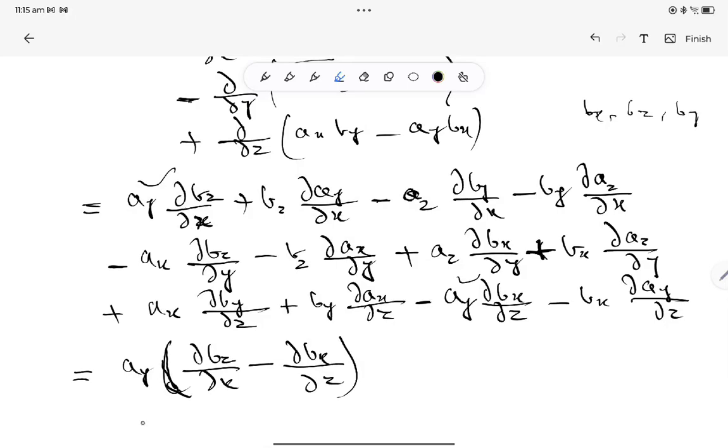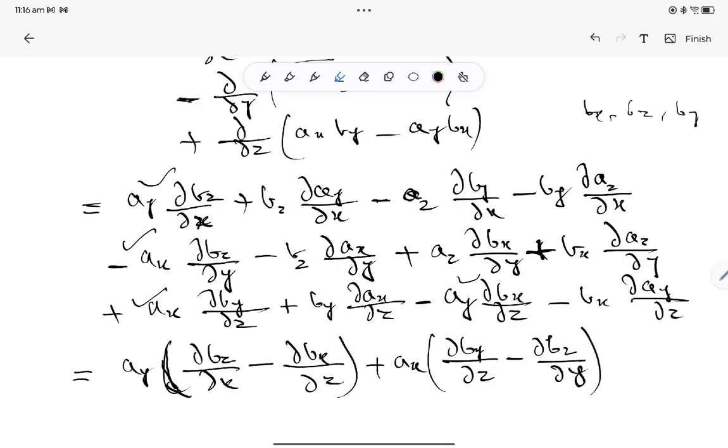This is a_y. a_y had two terms. So will be the case with a_x, for example, plus a_x. Or should I have written the a_x term first? Anyhow, I'm sorry for that. So you have the positive a_x term here, del b_y by del z, minus the negative a_x term here, del b_z by del y. Then this is a_y, a_x, then a_z, of course.